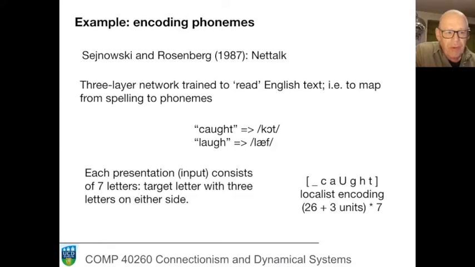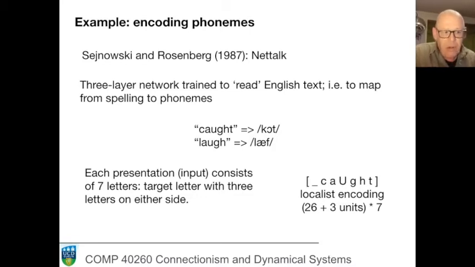NetTalk was developed as part of a larger system in which the performance of the system as a whole was to go from textual representation of the English language to spoken output. Of that broad project, NetTalk occupied only a very small part.